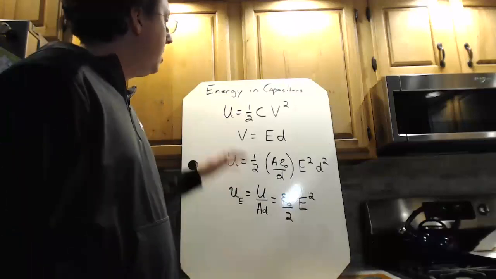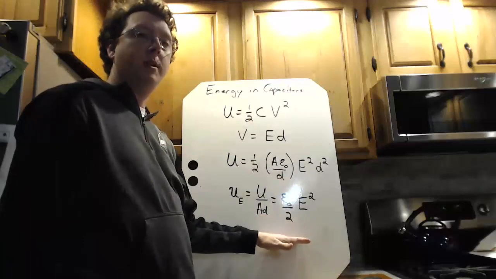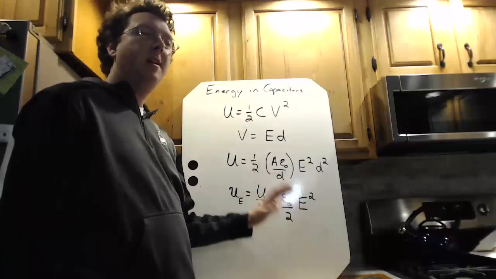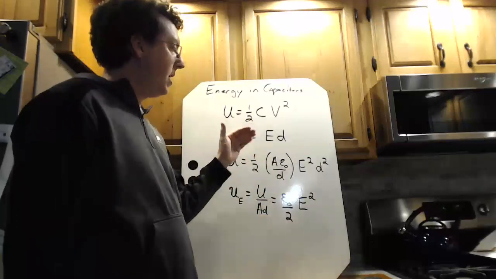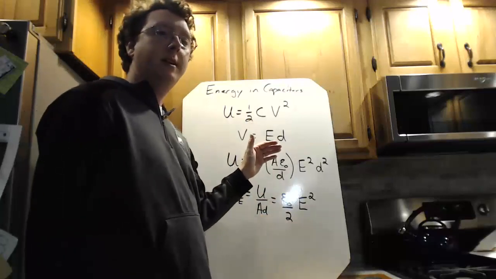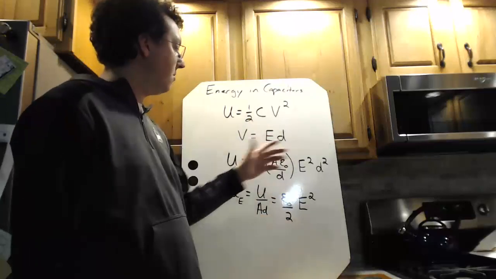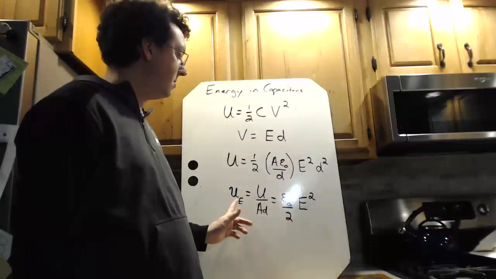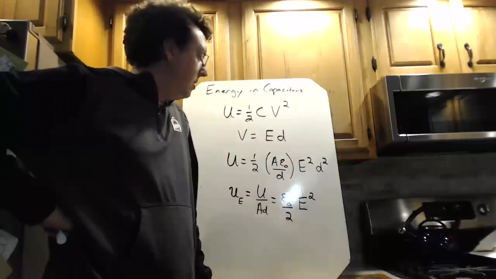Oh, and you might be wondering, I got this formula from using parallel plate capacitors. But actually, if you think about it, what happens in a parallel plate capacitor is that the electric field is constant, and nothing else really depended upon the details. The energy density was independent of any of those things because it was an intensive quantity.